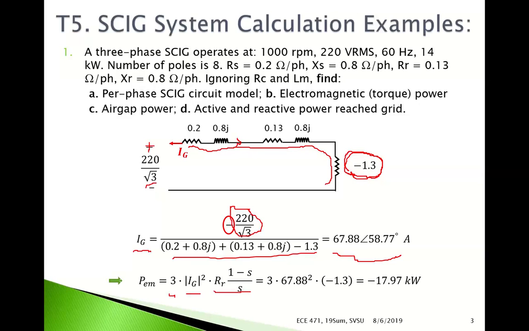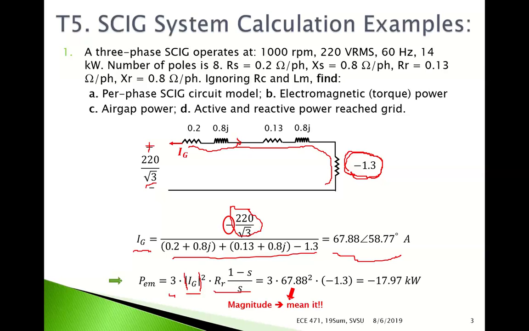So it equals 3 times 67.88 squared times the impedance value, -1.3. Here, be careful, this 67.88 is the magnitude of the current, because here the magnitude is taken without the phase angle.